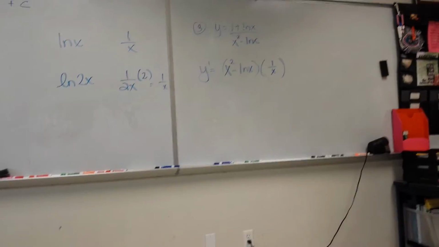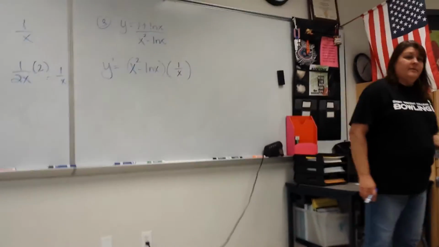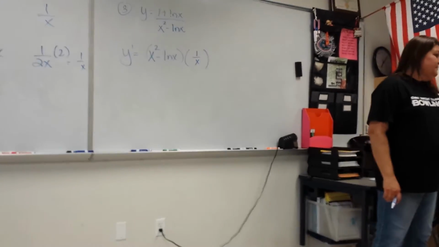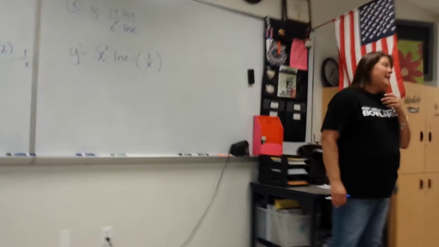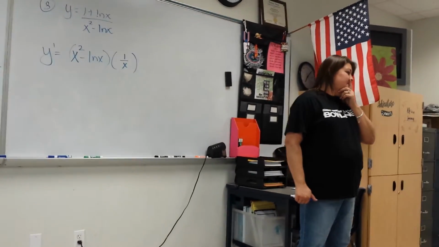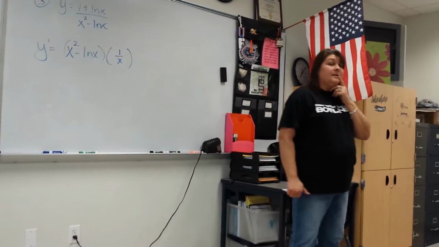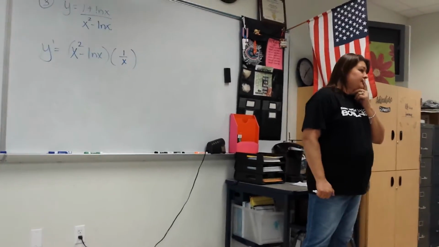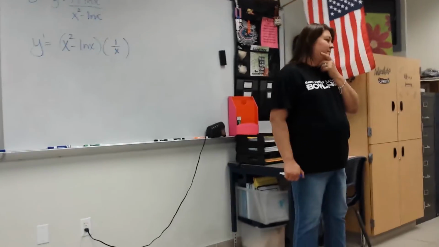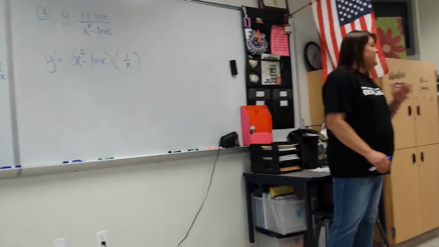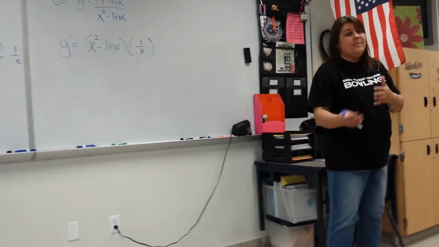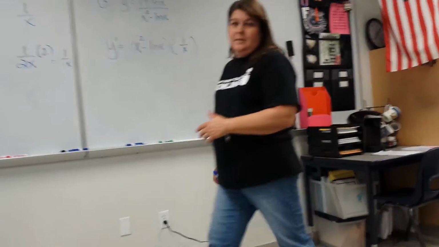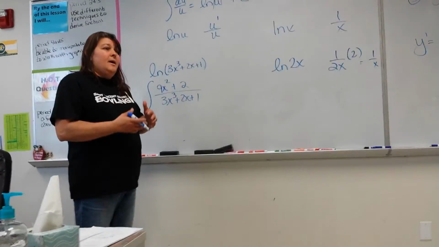You get a number, right? Do the ln of 5, 1.6. Do the ln of negative 3. Error. How about the ln of negative 5? Error. ln of anything negative is an error. It has to be positive. So if the answer turns out negative, we make it positive.